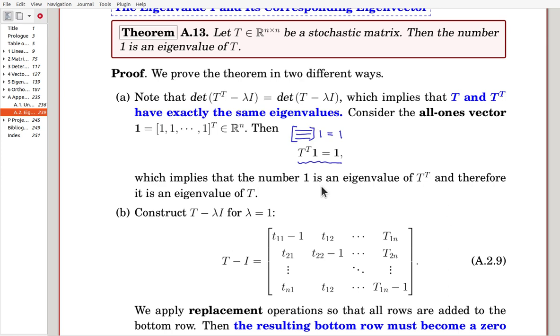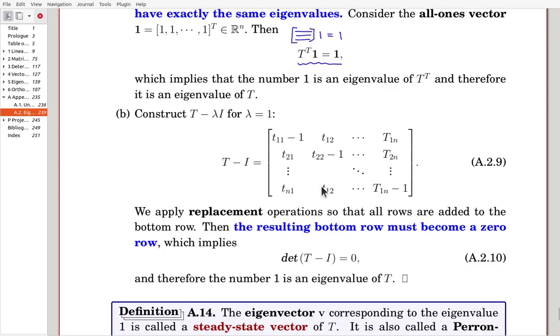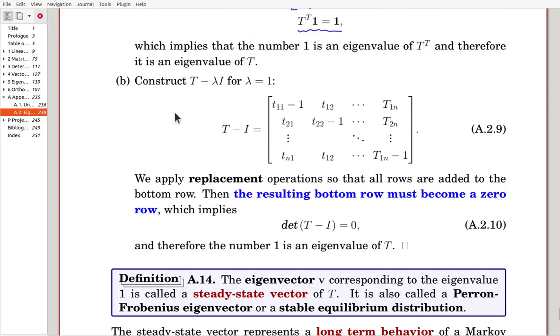How about the second proof? Here we construct T minus lambda I for lambda equal to 1. Then we reach this matrix. Now we apply a replacement operation. For each row, we add the first row to the bottom, and the second row to the bottom, and so on up to the m-th row, and add to the bottom.